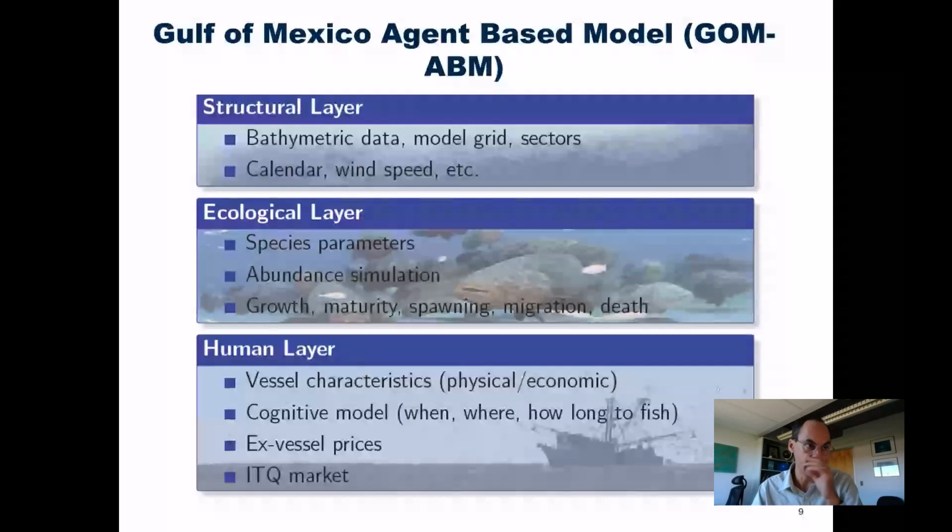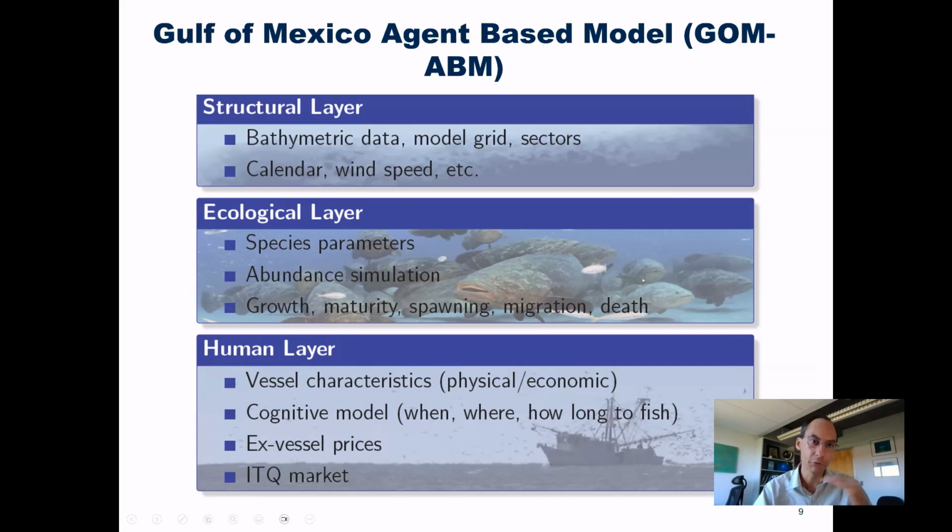And in both versions of the model, both the fish and the fishing boats are what I'll call agentized, where each entity represents either an individual fish or an individual fishing boat. So you have millions and millions of these things moving around across simulation time and space, and interacting with one another.